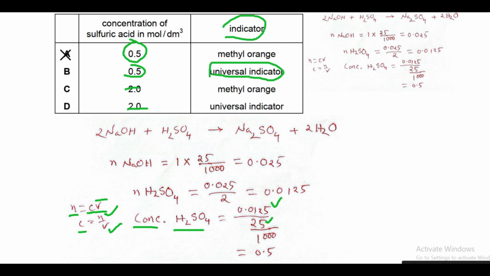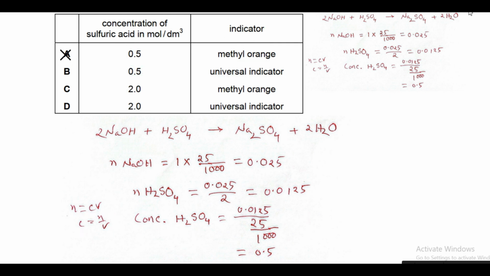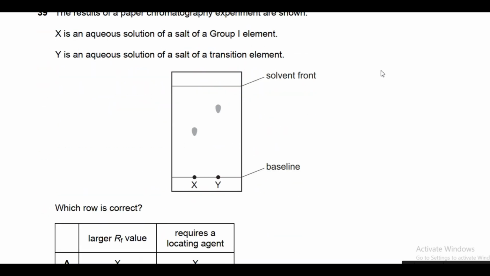Next, 39. The results of a paper chromatography experiment are shown. X is an aqueous solution of a group 1 element. Group 1 element salt aqueous solutions are colorless, say sodium chloride.